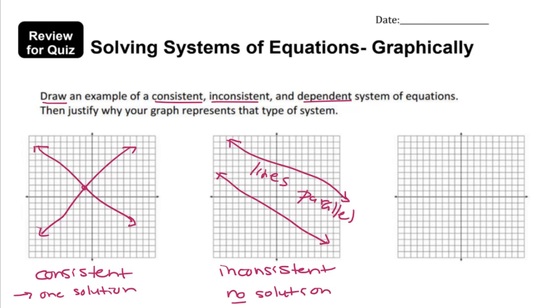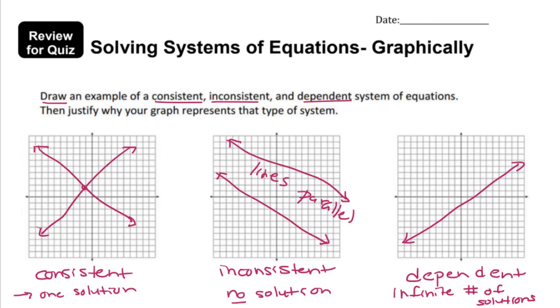And then this is the last one. The dependent's the hardest, I think, to graph because there's actually two lines graphed, but you're only going to see one of the lines. So, infinite number of solutions.